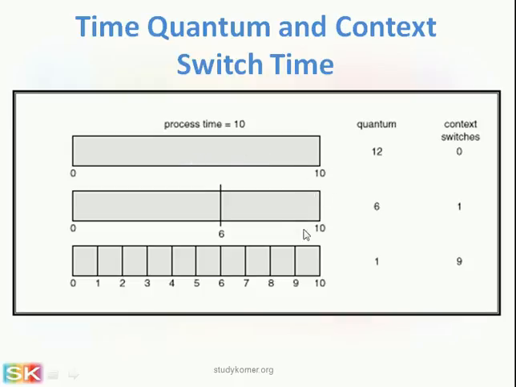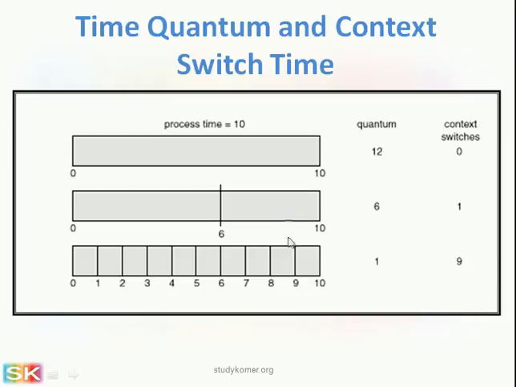If we take time quantum at 6, so one context switch takes place at 6 seconds. If we have time quantum as 1 unit, then total 9 context switches will take place.